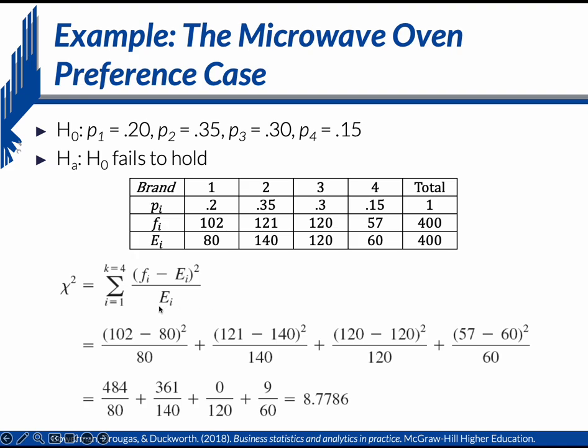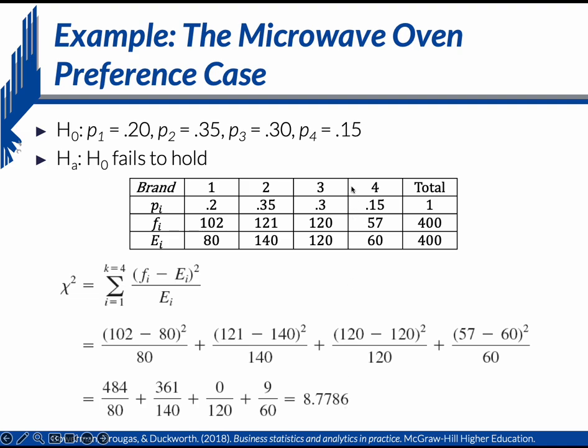So that's the observed frequency minus the expected frequency, and the difference is squared, and divided again by the same expected frequency. We do that for all the outcomes and get the sum, and we will get a test statistic of 8.7786.